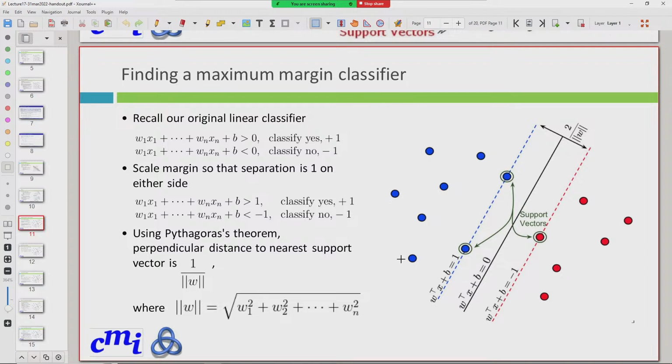And in some sense, if you knew what these points were, you could have defined your linear separator using just these guys, right.